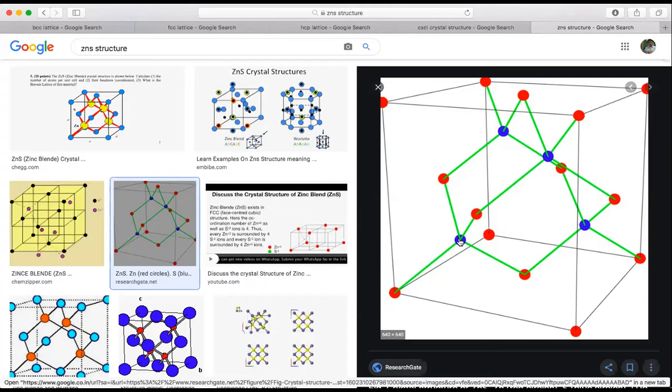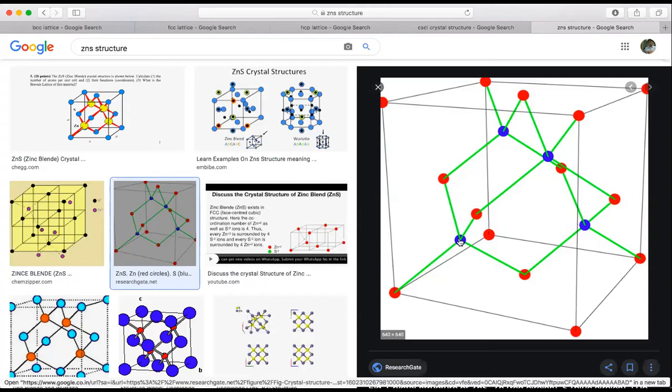This is a very common structure, and if both red and blue atoms are of the same type, then it is called a diamond structure. It's called a diamond structure because diamond forms this structure. Simple. If all the atoms are carbon atoms, you have diamond. In fact, silicon and germanium also form this structure.